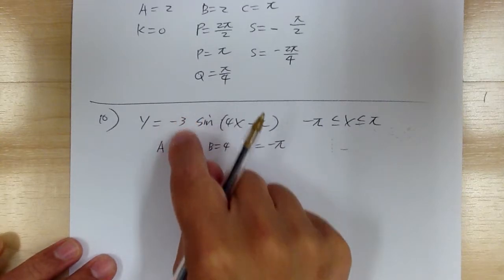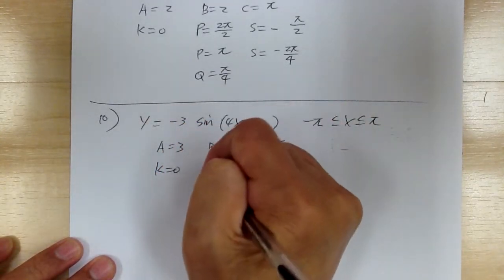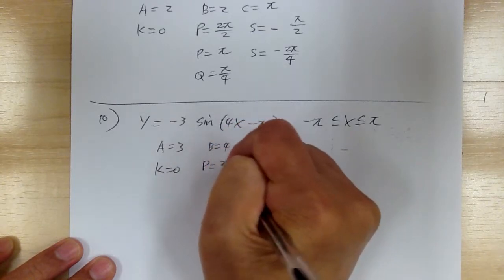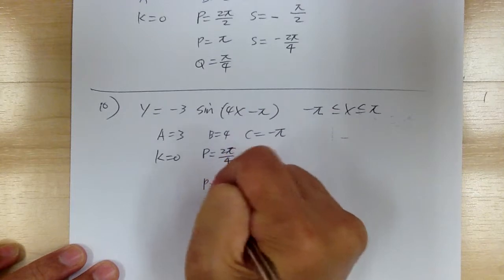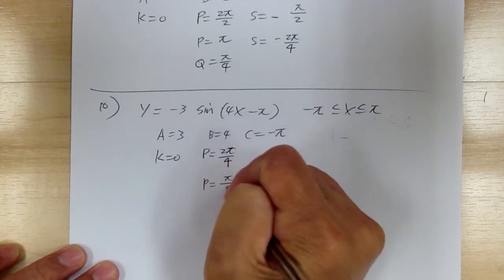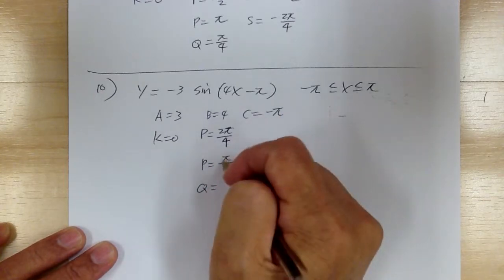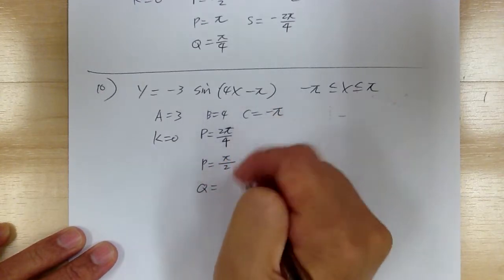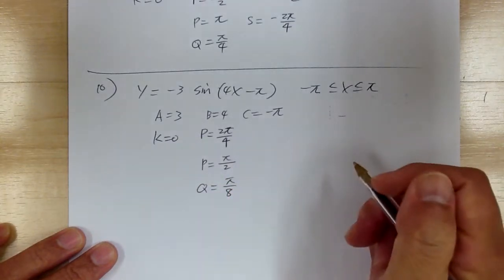Again, don't include the negative in your a, and you got k equal to 0, and period p equal to 2 pi over b, so period equal to pi over 2. Right. And q is 1/4 wave, so times by 1 over 4. If you multiply by 1 over 4, you get pi over 8.